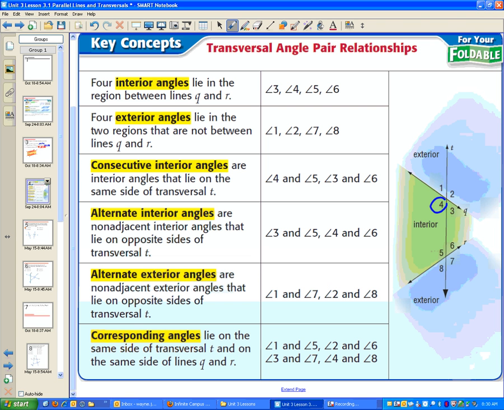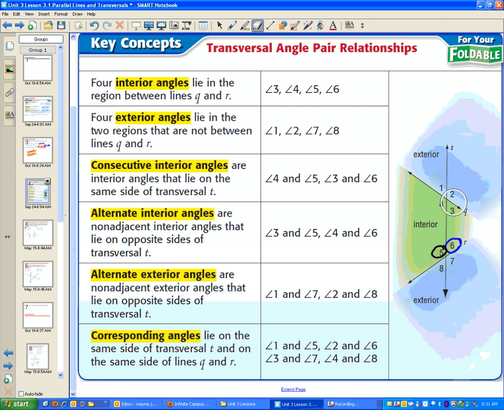So, angle 4 and angle 6 are a pair of non-adjacent interior angles on opposite sides of the transversal. So they are one pair of alternate interior angles. What's the other pair of alternate interior angles? 3 and 5. Angle 3 and angle 5 are non-adjacent interior angles on opposite sides of the transversal.